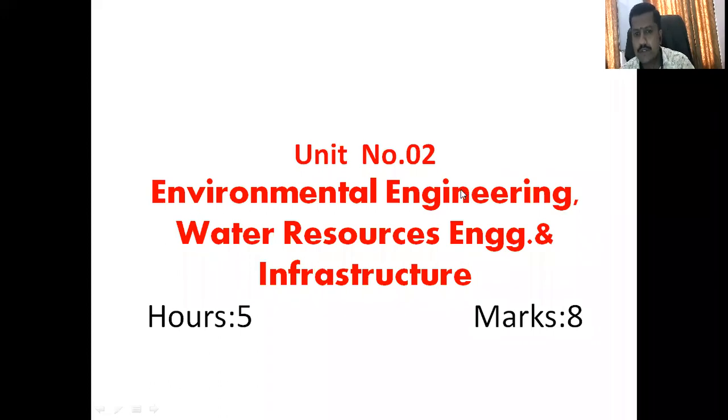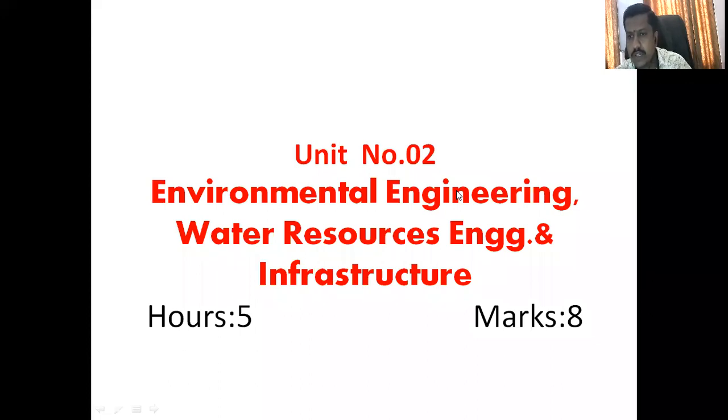We have 5 hours to conclude this chapter, and it carries 8 marks in your university examination if it is a descriptive type. For the online test, you have 4 chapters, and if the final MCQ examination is of 50 marks, then each unit will carry almost the same weightage, plus or minus 1 or 2 marks. Make sure about that.